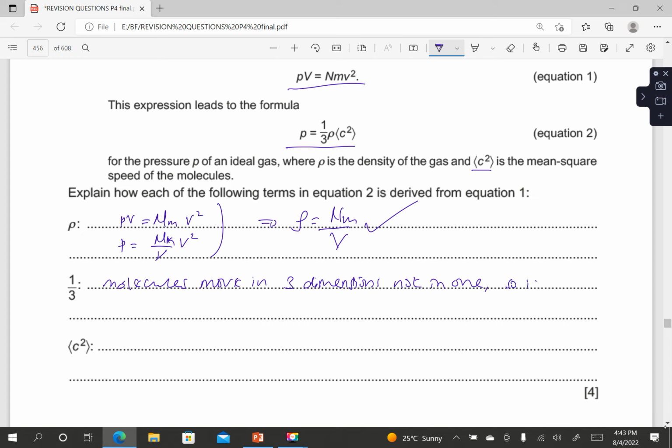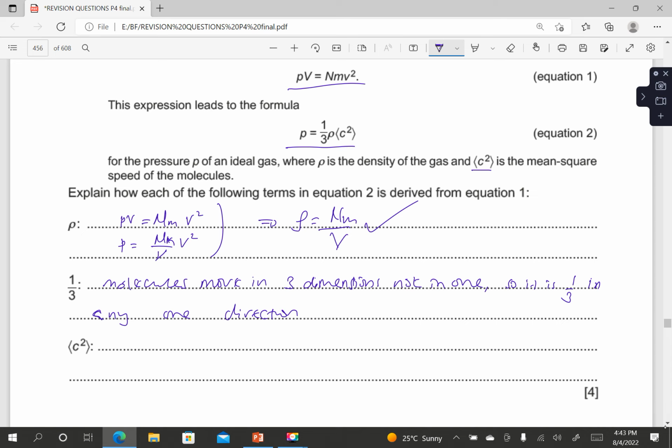So it is 1 over 3 in one what? In any one direction. Remember, we've got speeds in 3 dimensions, and in any one dimension, any one direction, we divide it by 3. So that's why we have a third.